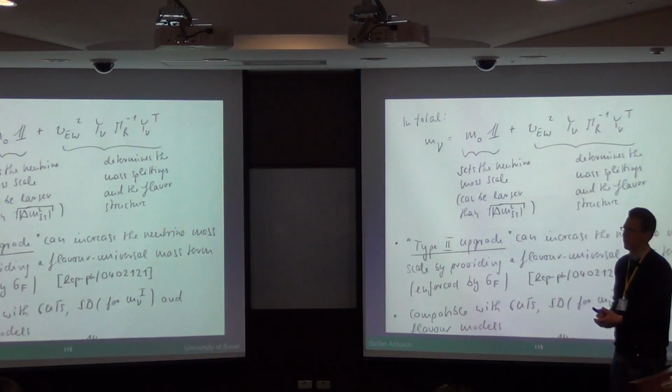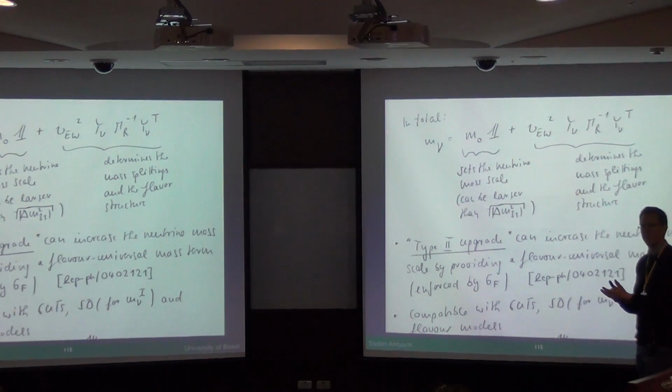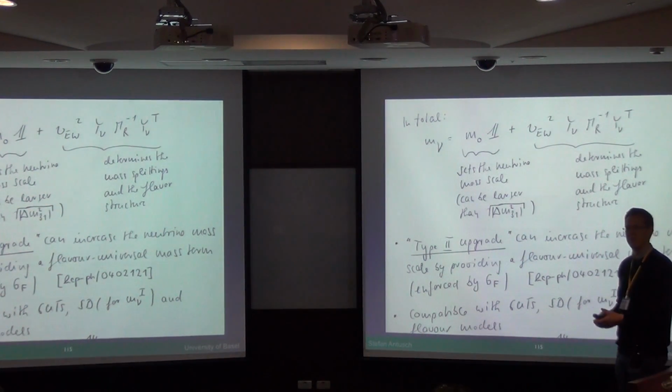But this has to be confirmed, of course, by different experiments. Or if a neutrinoless double beta decay experiment sees something, they would point to a crazy degenerate spectrum. So at the moment they are probing the crazy degenerate neutrino mass regime. And you can explain this really nicely with this kind of mechanism.